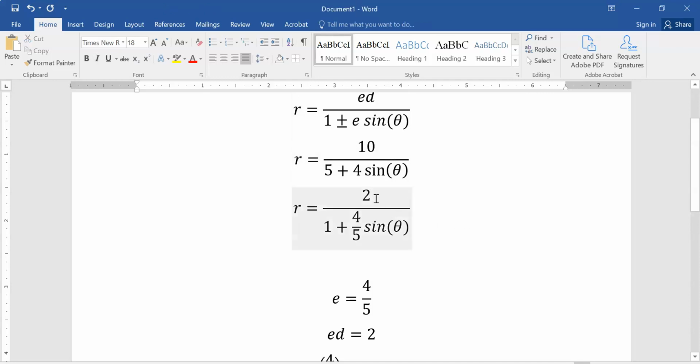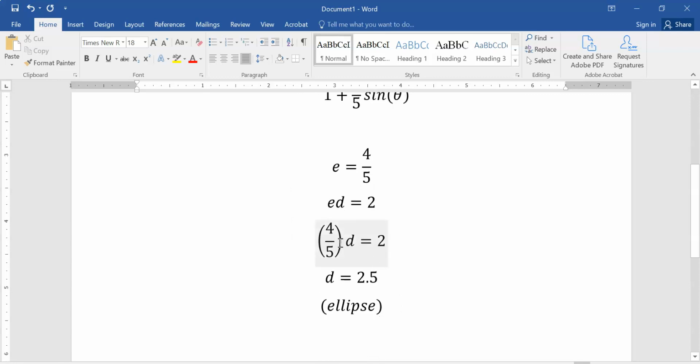So make sure it's the numerator of your final equation. So E times D is 2. And so if I take 4/5 times D equal to 2, I'll multiply both sides by 5/4, and D is equal to 2.5. So the distance from the pole, the origin, to the directrix is 2.5.